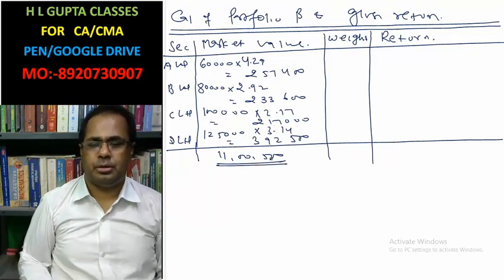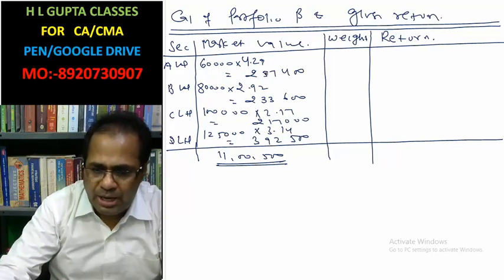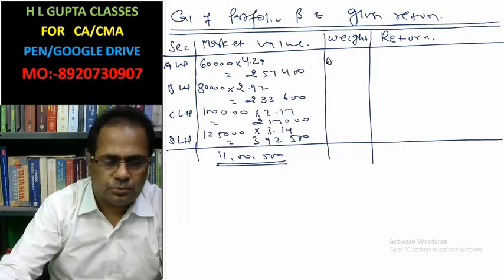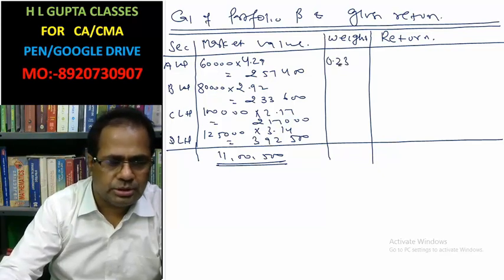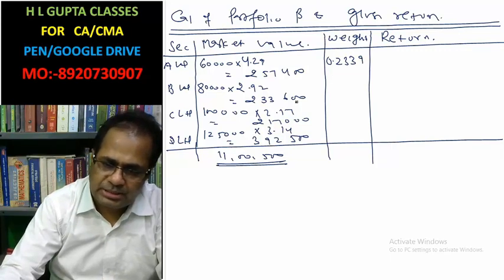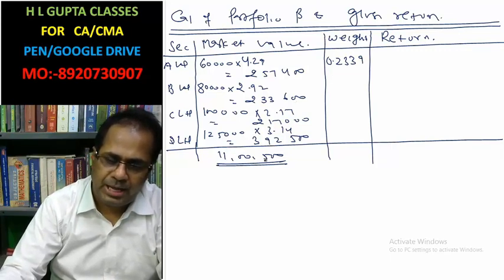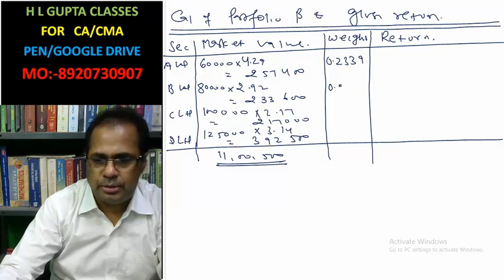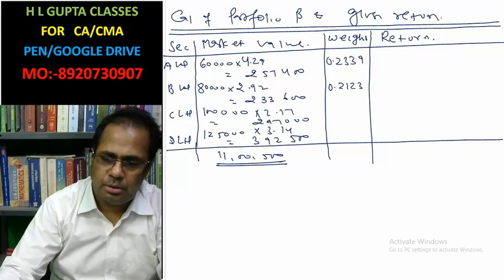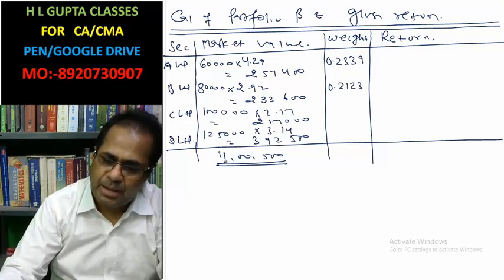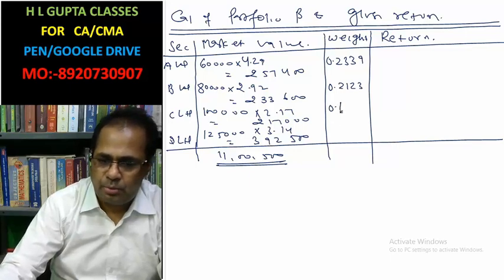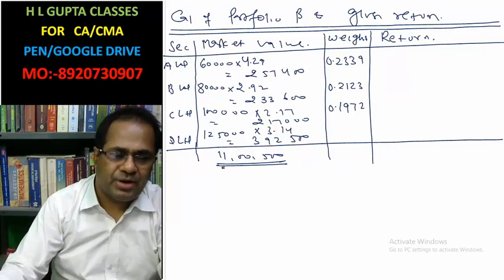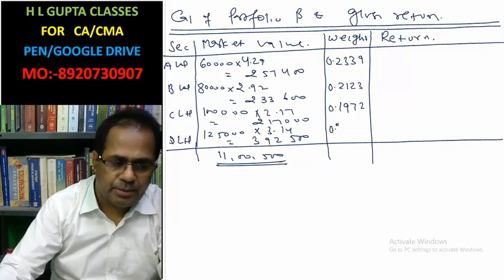Now you have to calculate the weight. How to calculate the weight? 2,57,400 divided by 11,00,500 is 0.2339. 2,33,600 divided by 11,00,500 is 0.2123, and 2,17,000 divided by 11,00,500 is 0.1972. 3,92,500 divided by 11,00,500 is 0.3567.